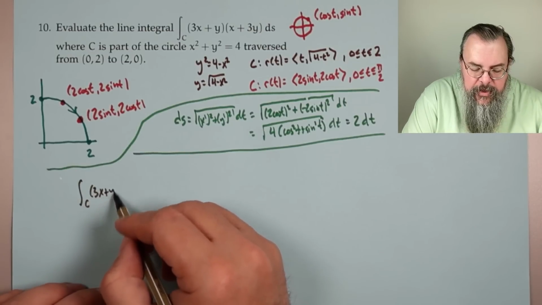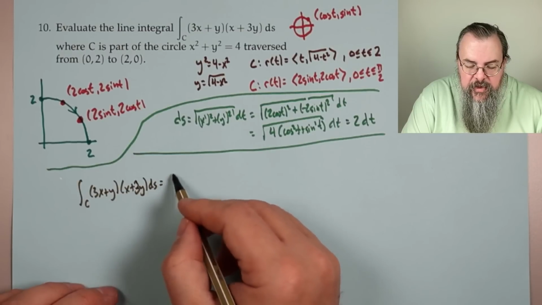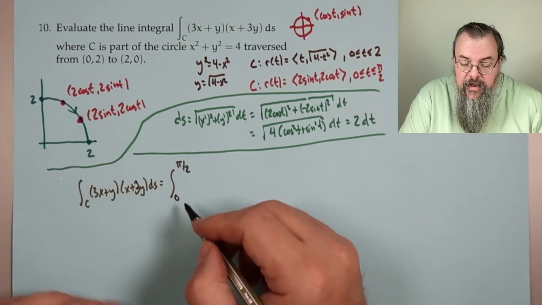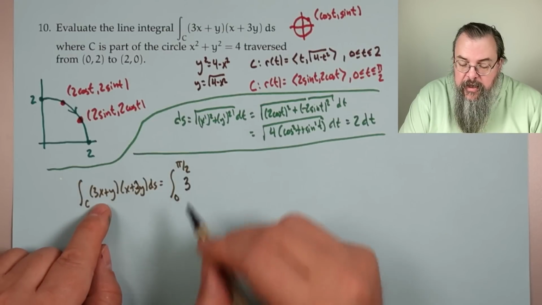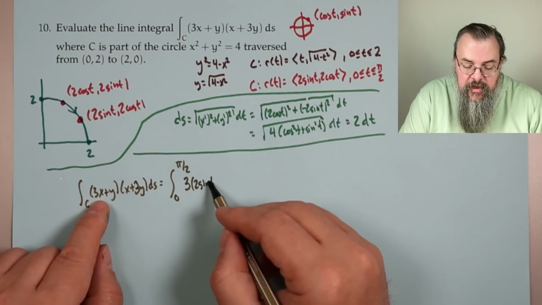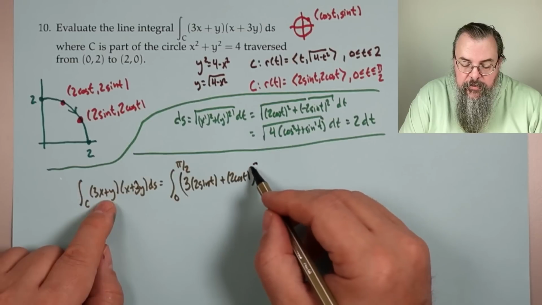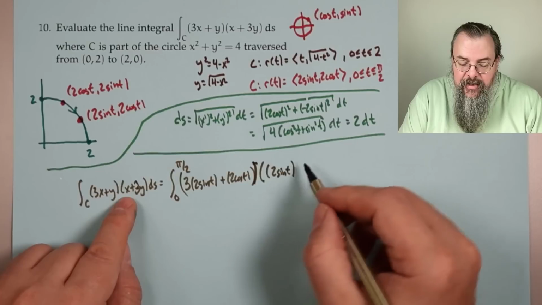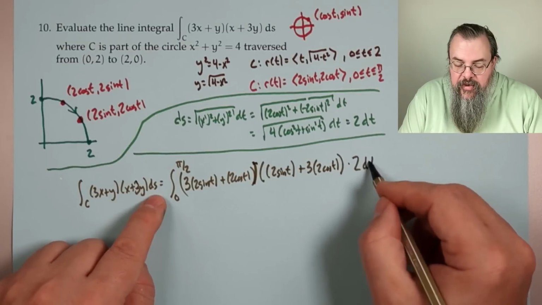I'll write it back: 3x plus y, x plus 3y, ds becomes the integral from 0 to pi over 2 of, then we have our 3, and everywhere we see an x, we put 2 sine t: 3 times 2 sine t plus 2 cosine t, oops, not squared, times x, 2 sine t, plus 3 times 2 cosine t, and then ds is 2 dt.